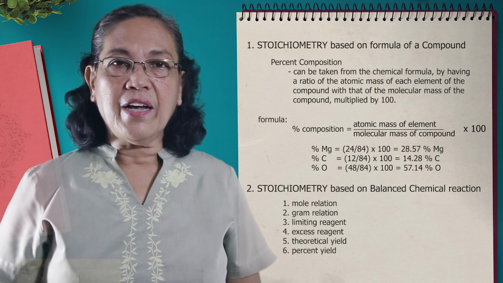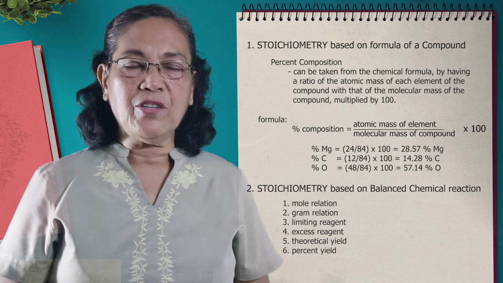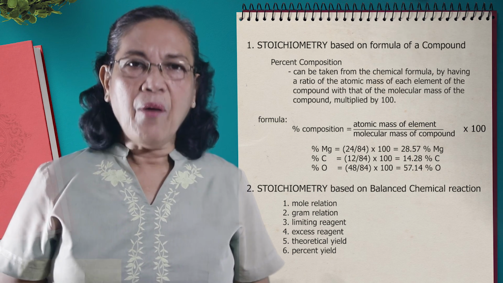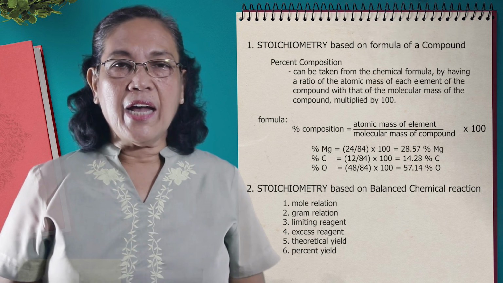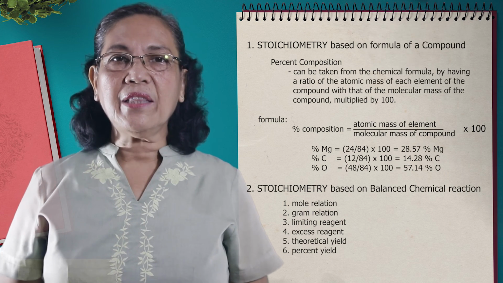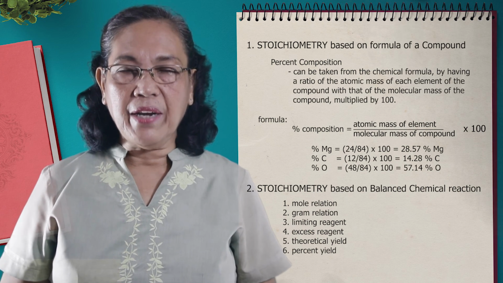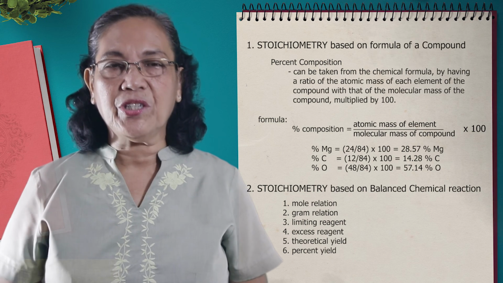So those are the uses or applicability of stoichiometry based on the balanced chemical reaction. Now, how are we going to do this? The first thing is, after you have balanced the chemical reaction, we have to set the mole relation. In setting the mole relation, this is to be based on the balanced chemical reaction.